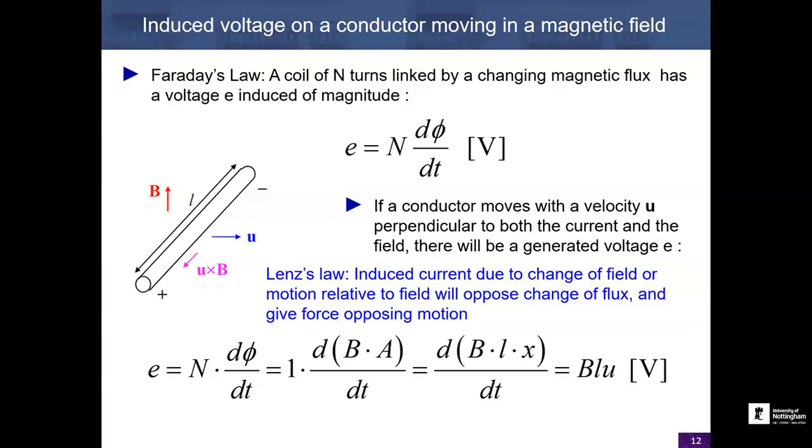One of the most important things in both of these is Lenz's law. Lenz's law is an expression of conservation of energy that basically says all these things are going to oppose one another. If we're moving a conductor through a field, for example, we'll get a mechanical force opposing motion. And if we keep that conductor moving, it implies we're putting in mechanical force with motion, and putting in mechanical work.